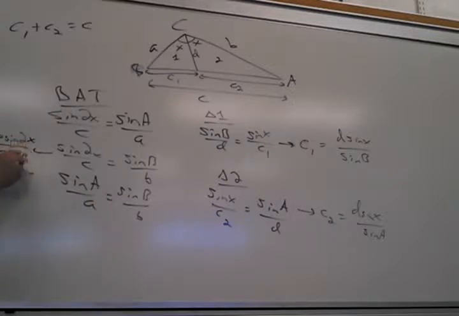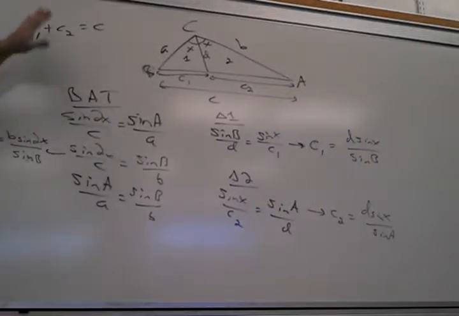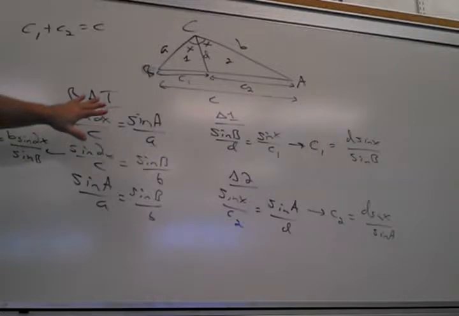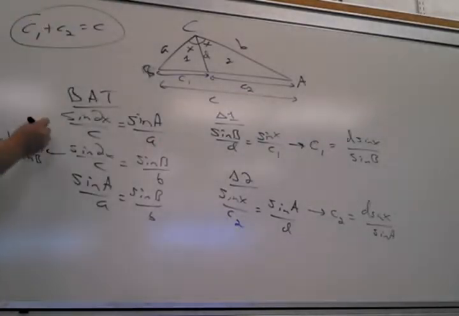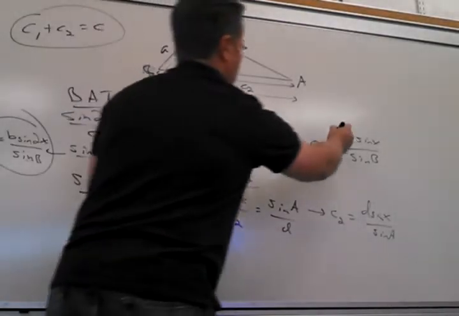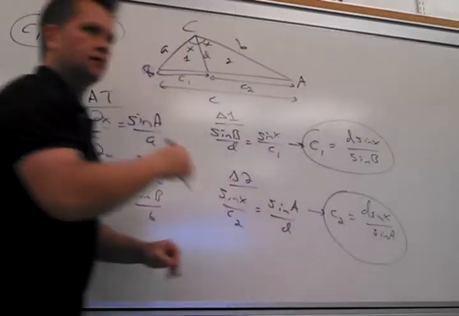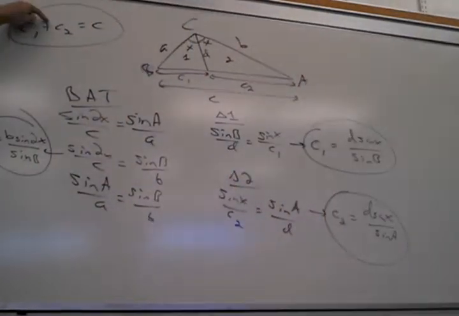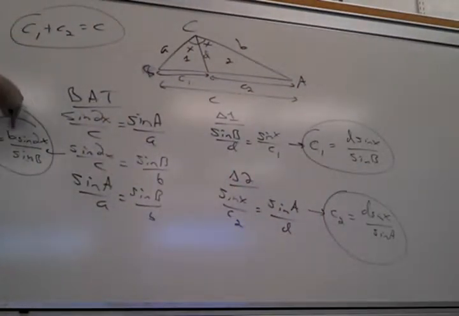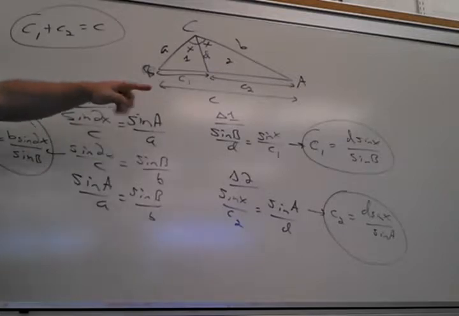All right, now the other important part of this is, first, this exploration. You have no idea what's supposed to happen, so you just write down every relationship that you can. And you know they're all true, so you can use all of them amongst themselves. Then you realize, I want to solve for C somewhere, I want to solve for these guys. That was the motivation for why I did this.